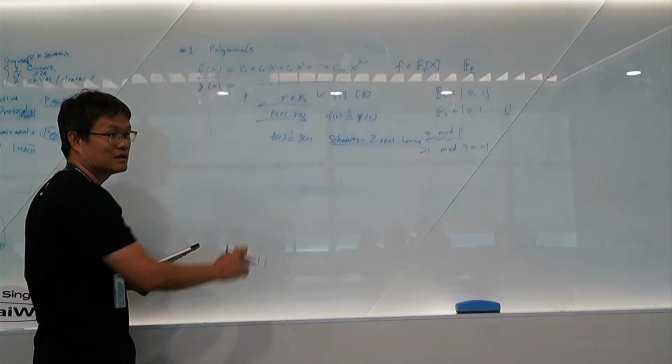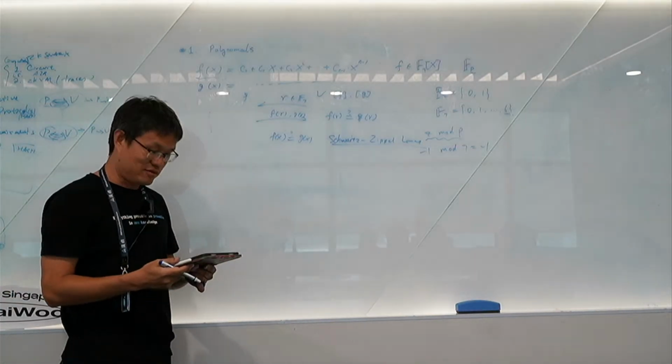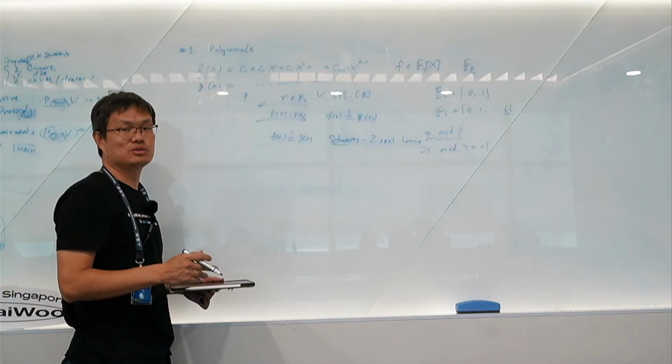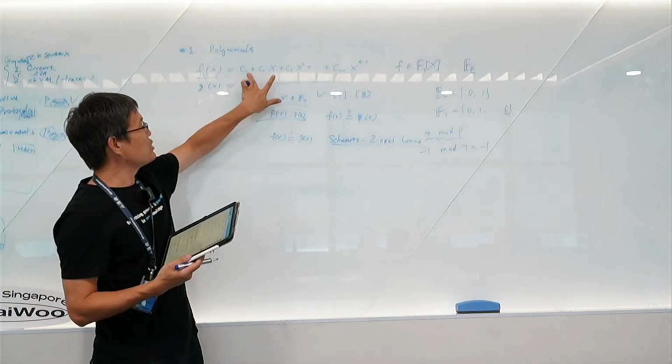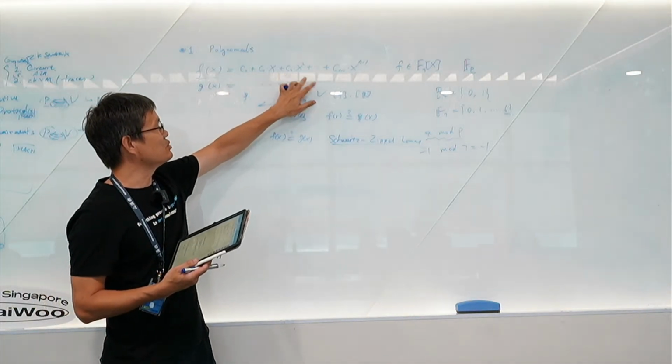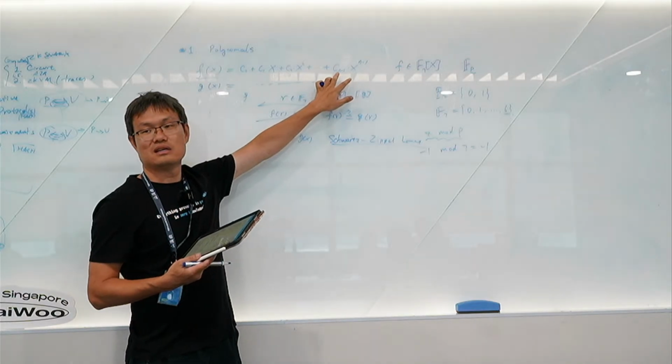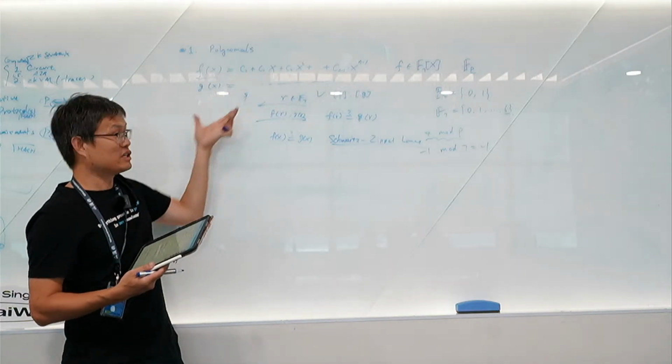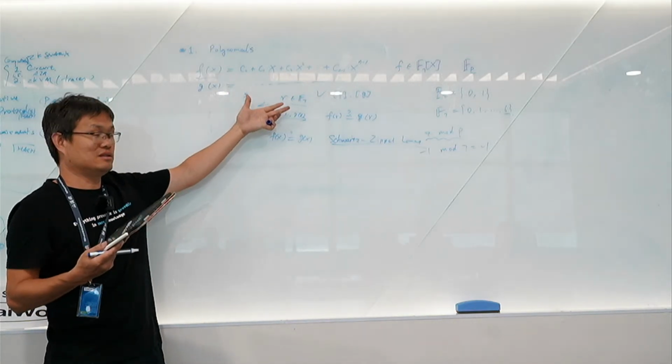Here we have another way to encode. We encode c0, c1, c2, all the way to c_{n-1} as the vector, to compress the vector.